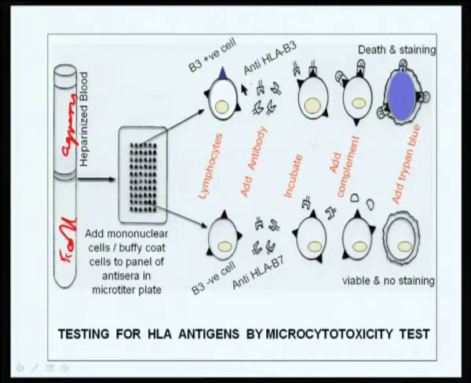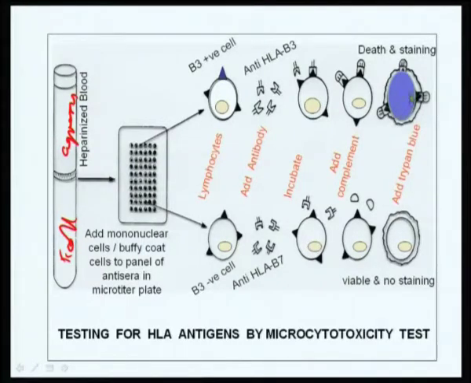This antibody bound to the surface antigen HLA molecule expressed on the surface, and after this incubation one adds complement. Because complement binds to this antigen antibody complex on the surface, it would punch a hole into this cell, as we saw in the previous lectures, and when you put a dye like trypan blue, it would stain the cell blue.